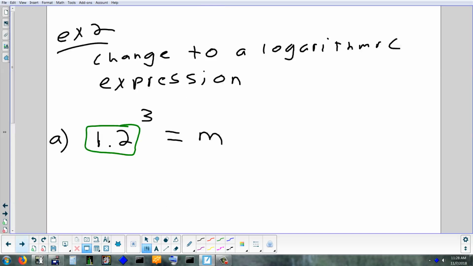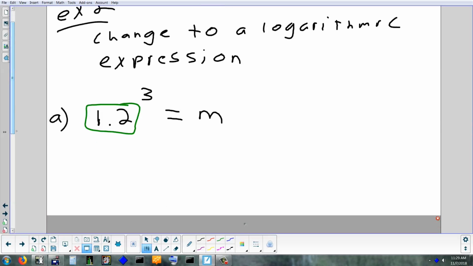Okay, well, let's try the other way. So now we have something that's an exponential, and we're going to change it to logarithmic. Well, if we're going to change it to logarithmic, what's the very first thing we need to write down? Before you even look at numbers or letters. Yeah? Log. Yeah, we put the word log. All right. Now, I usually start with the base.